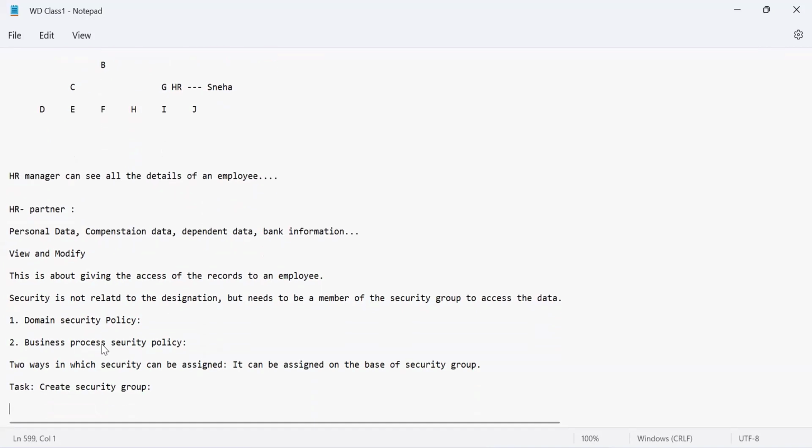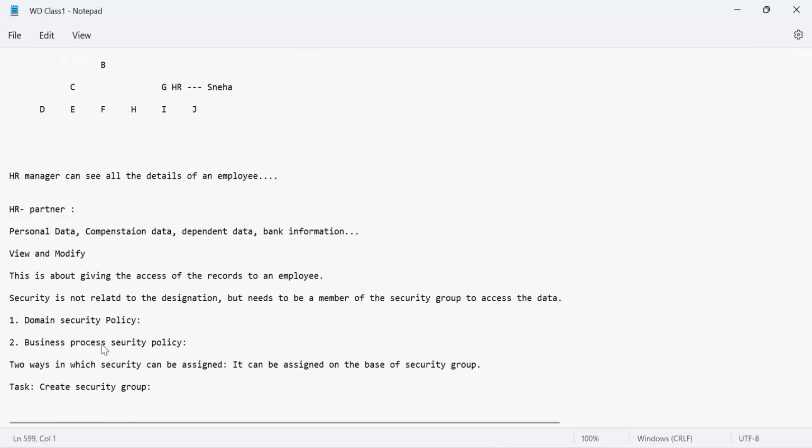Now, when we talk about data security, data security is basically dependent upon functional areas. We will understand what a functional area is later, once we have understood the concept of security groups and other parts.